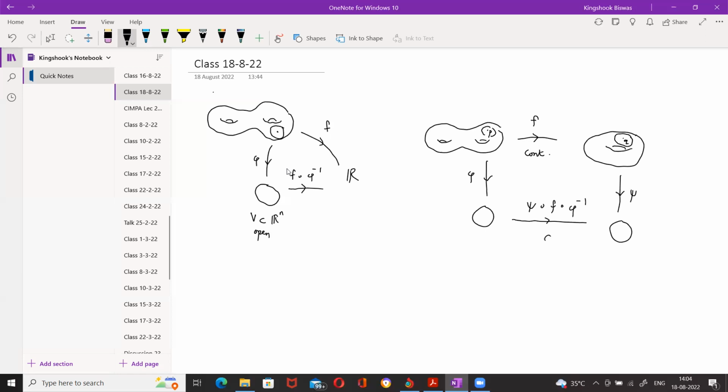This should be smooth. This is between open subsets of some Rn and some Rm.